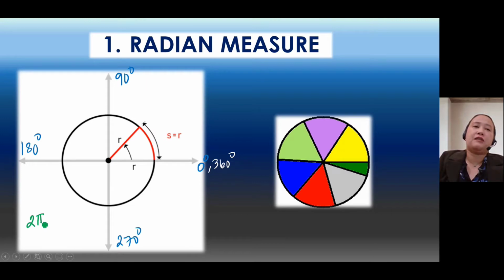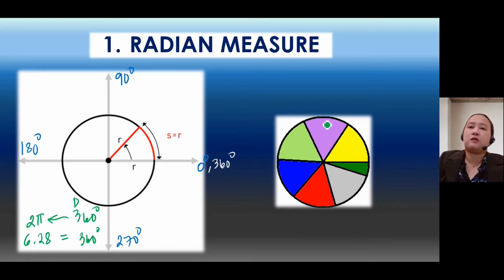And if we have 360 degrees, this means that 360 degrees is equivalent to 2 pi in radians. In decimal, this is 6.28. So that is also 360 degrees, 6.28 radians.